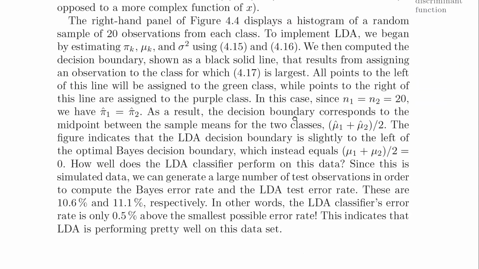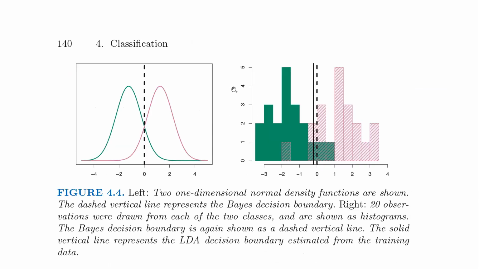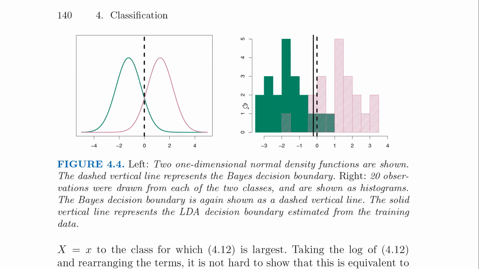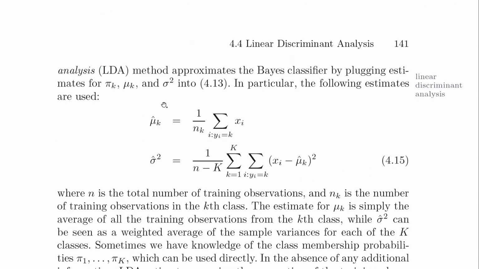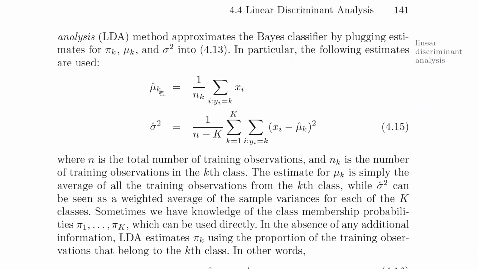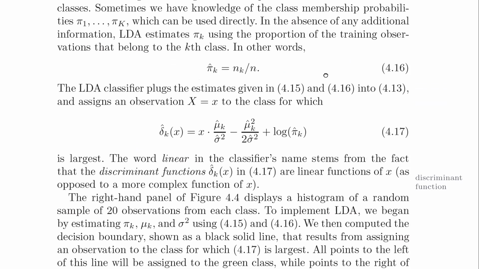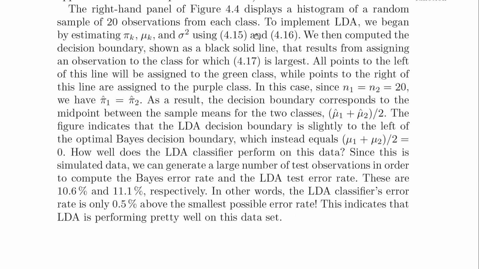The right-hand panel of figure 4.4, so now we're back here, and with this data, you can calculate your mu hat 1, your mu hat 2, your sigma hat squared, and even this if necessary. The right-hand panel of figure 4.4 displays a histogram of a random sample of 20 observations from each class.